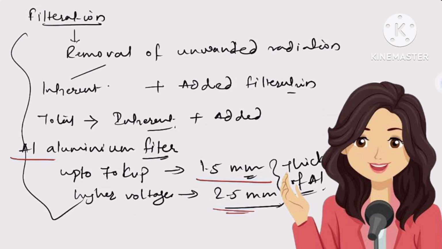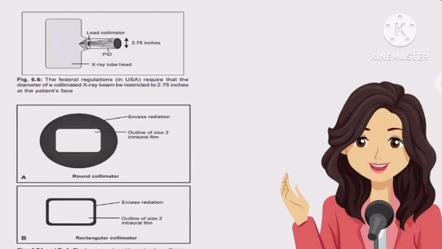Then we have the concept of collimation, which is also an important factor affecting X-ray production. Okay, what is collimation? Collimation controls the size and shape of the beam.